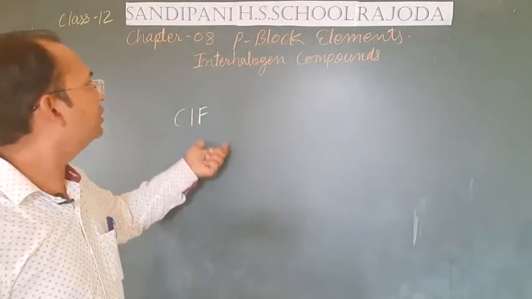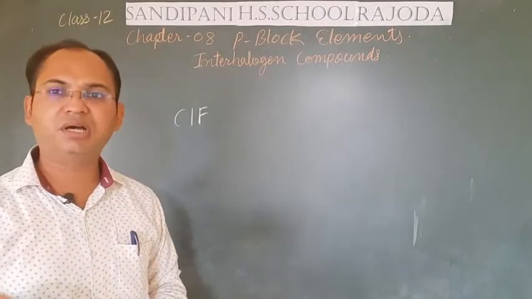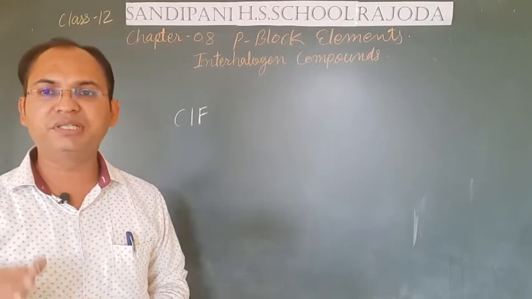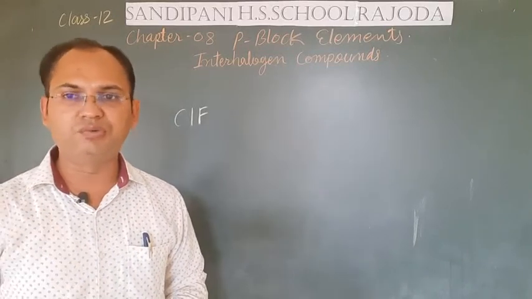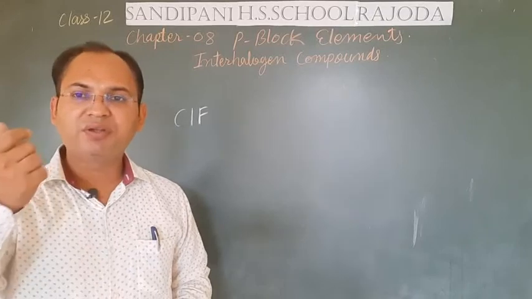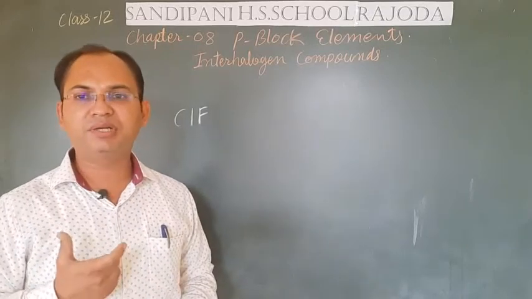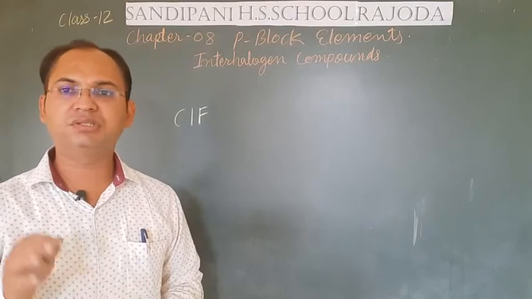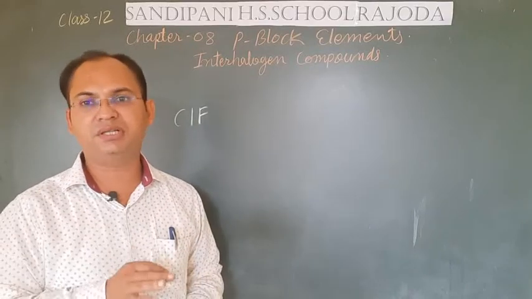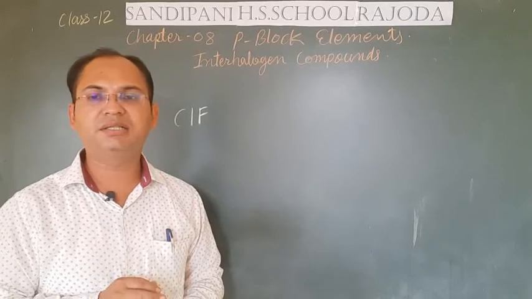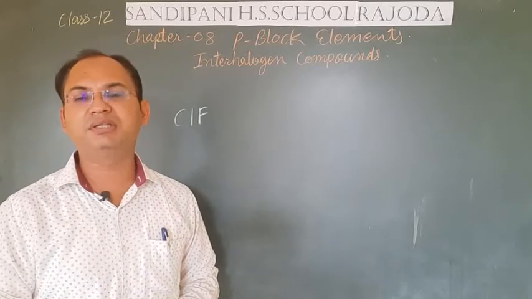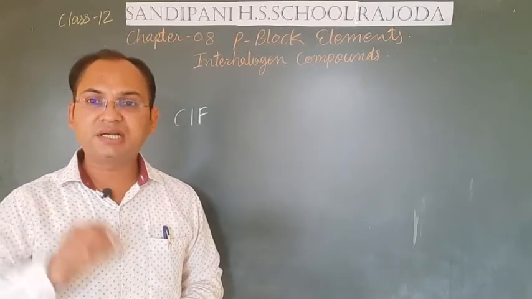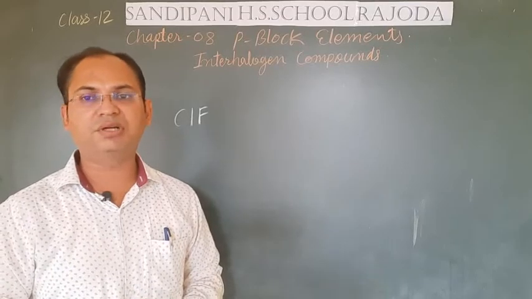Students, the halogens always combine to form the interhalogen compounds in two ways. Either two halogens combine together to form the binary interhalogen compounds, or in the second type, three halogens combine together to form the ternary type of the interhalogen compounds.